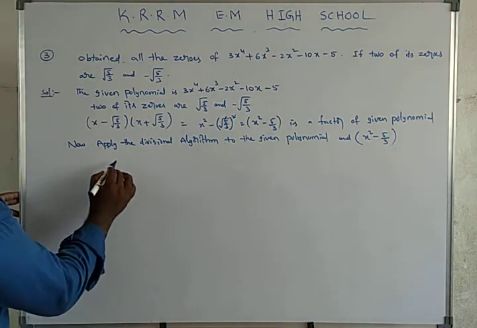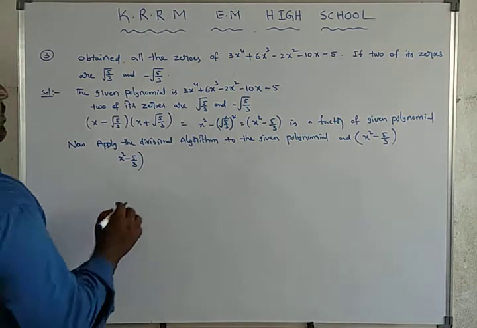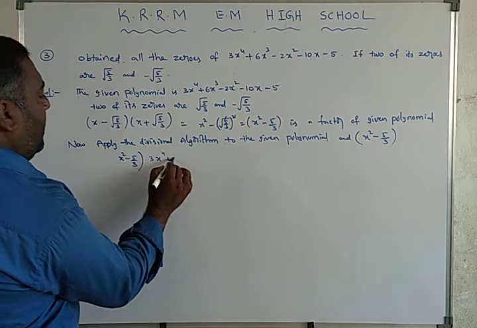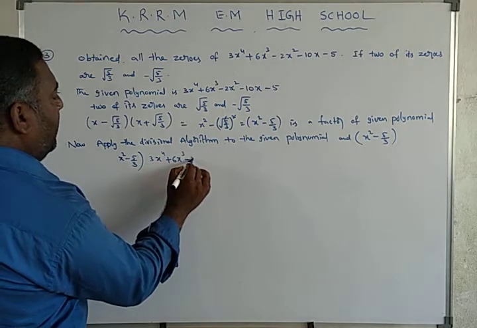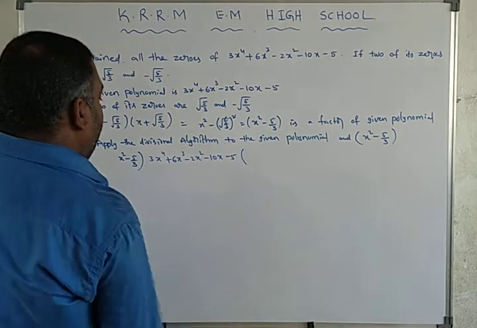So we divide 3x^4 + 6x^3 - 2x^2 - 10x - 5 by x square minus 5 by 3.